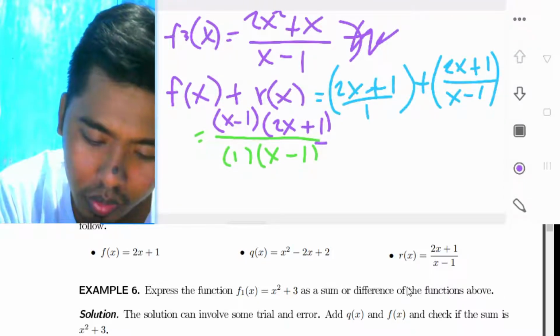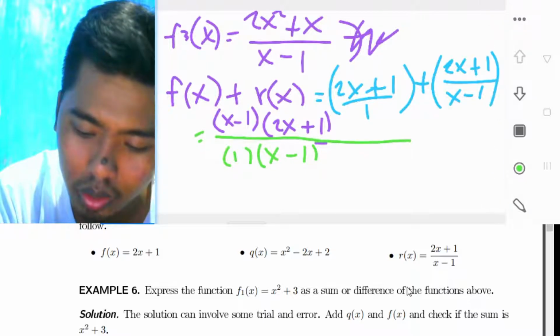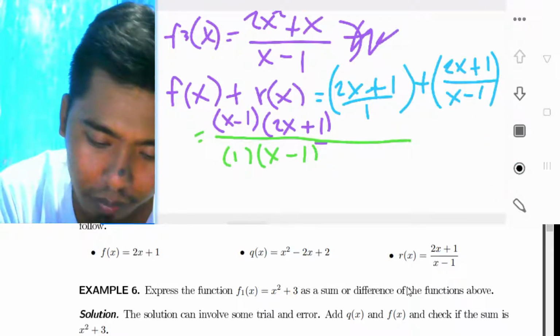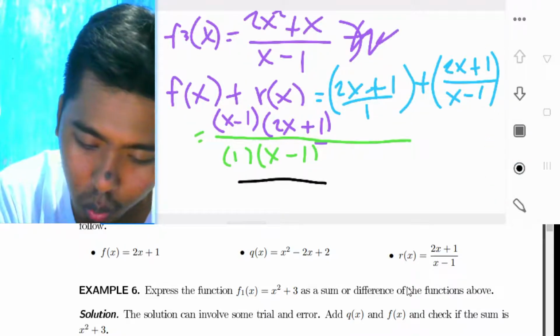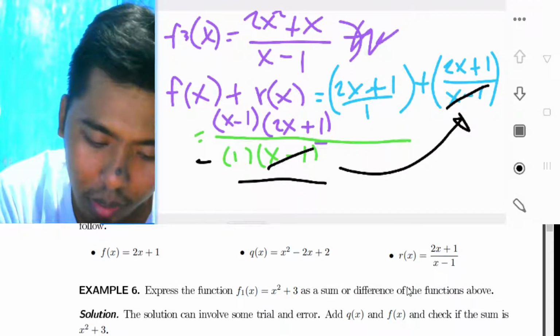Then let's continue the fraction bar here. Now we divide this one, so this cancels, so 1 is the remaining.